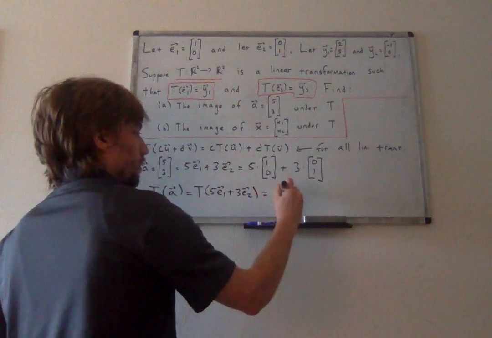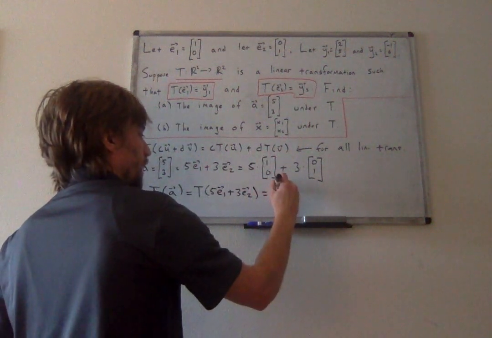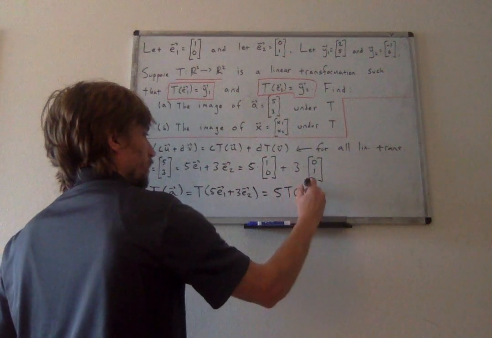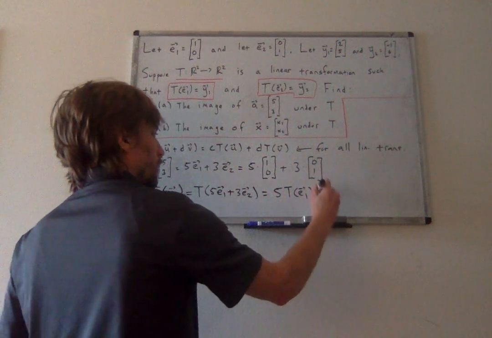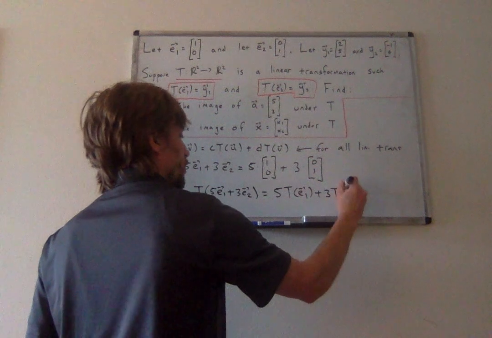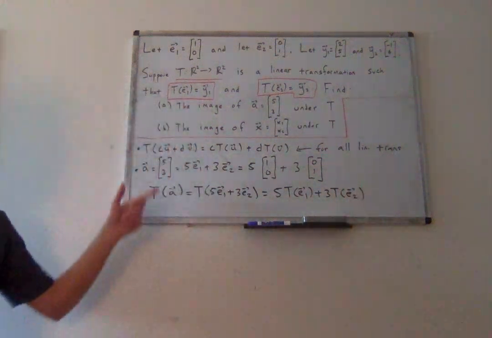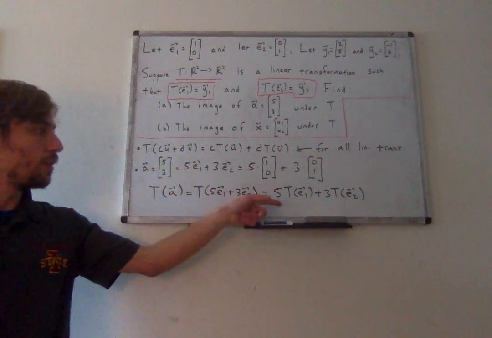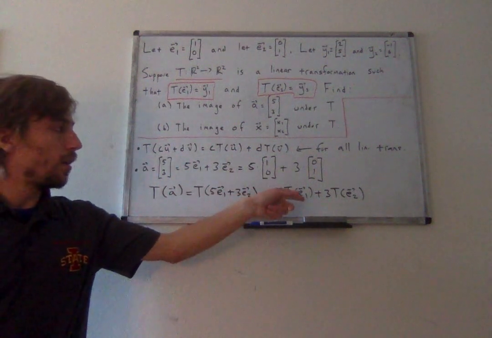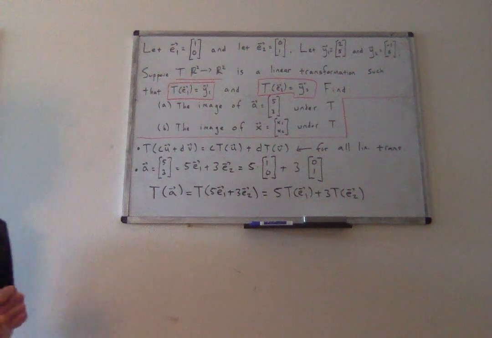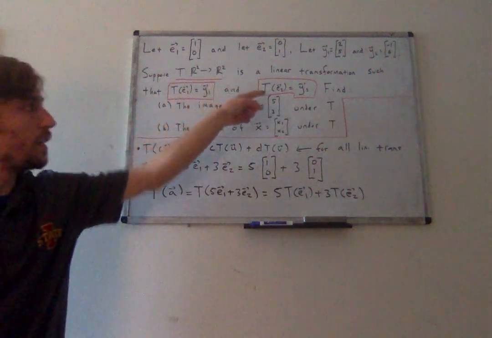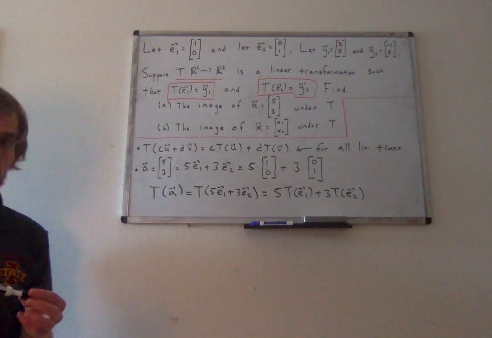But because T is a linear transformation, this is equal to 5 times T(e1) plus 3 times T(e2). And so all I did was apply this property to factor out the 5 and the 3 and split up this sum. But now we know the values of T(e1) and T(e2).